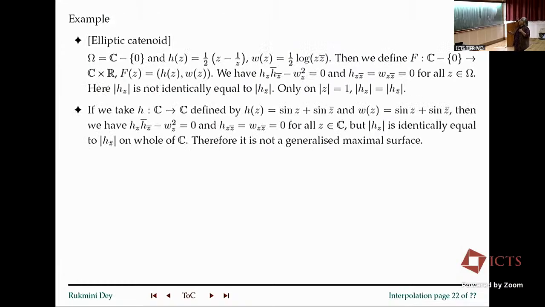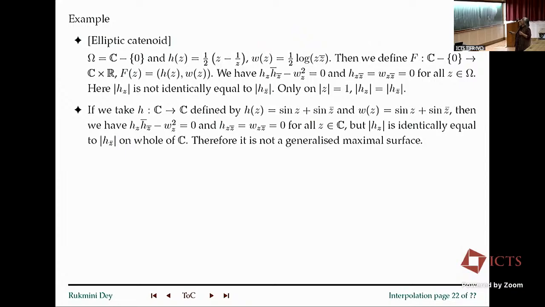For example, the elliptic catenoid. For the elliptic catenoid, h is what? Half of z minus 1 over z. w_z is log z z bar. And f of z is given by h of z and w of z, which is given by these. And then this condition is 0, you can check. And this is also equal to 0.